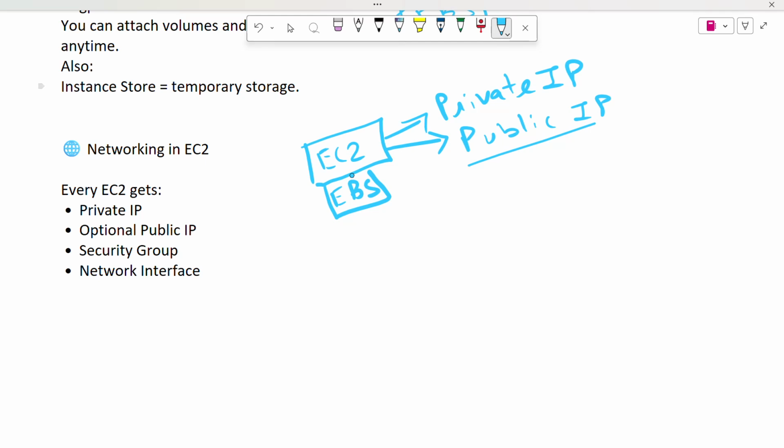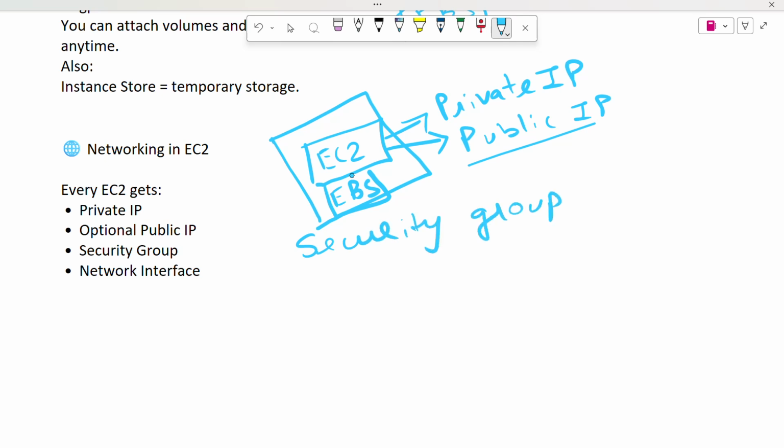Secondly, every EC2 instance also comes with a security group. Now what do you mean by security group? The security group is like a net. When we play badminton, the badminton net is there, right?